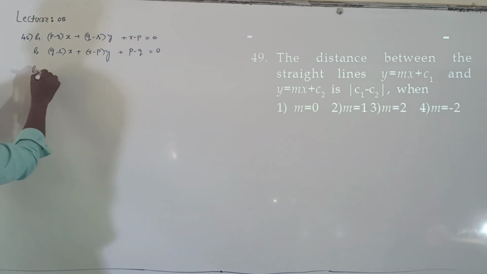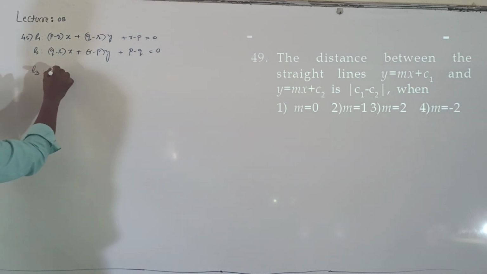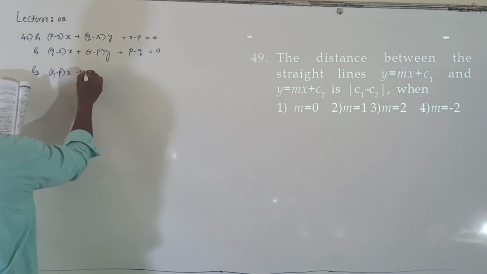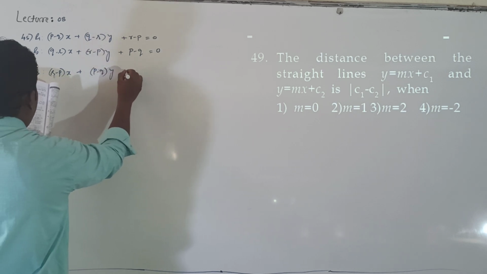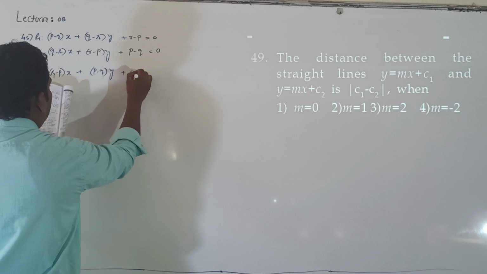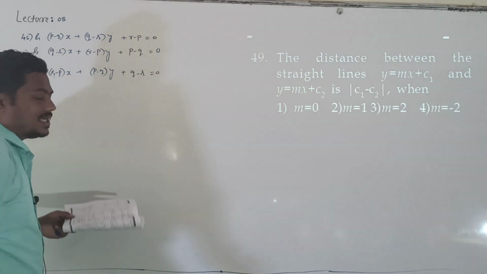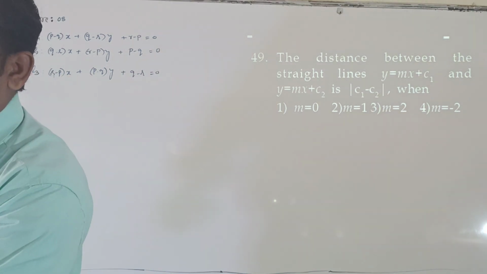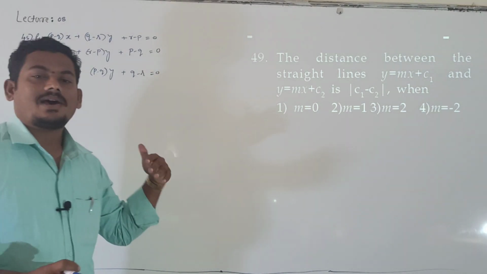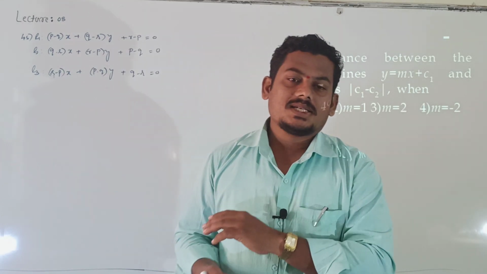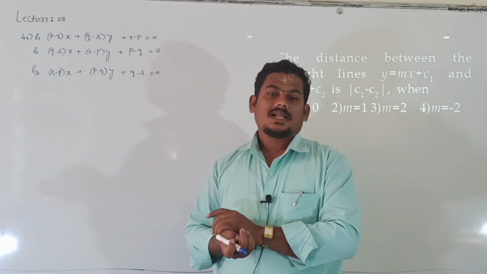Line 3 is (r minus p) into x plus (p minus q) into y plus (q minus r) equal to 0. Are these three lines sides of a right angle triangle or an equilateral triangle, or are they concurrent lines?